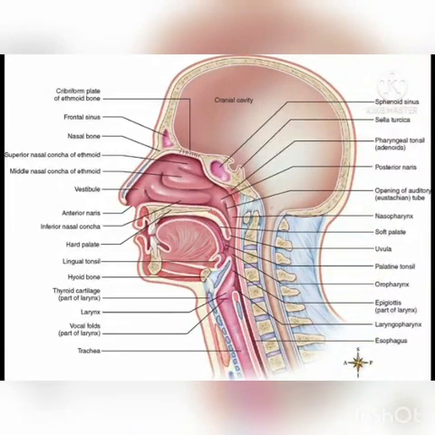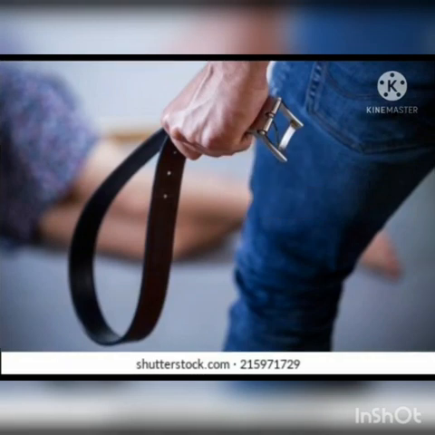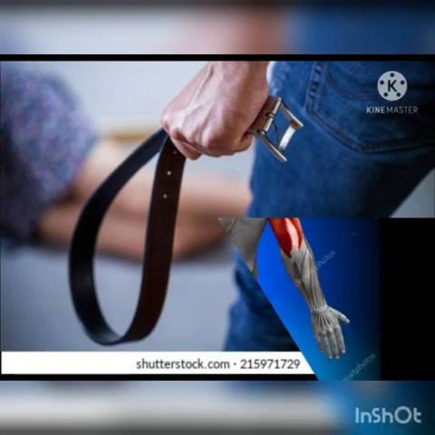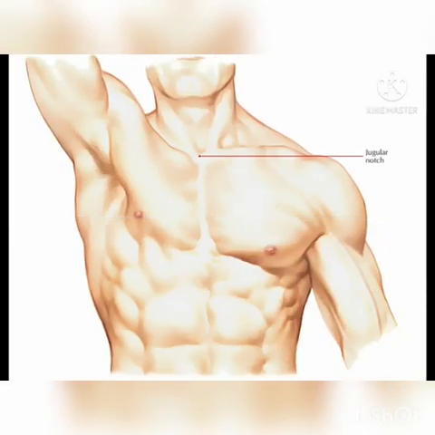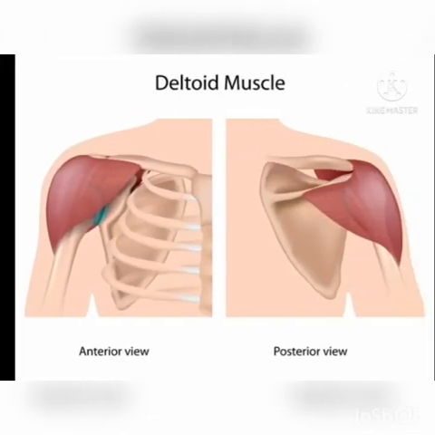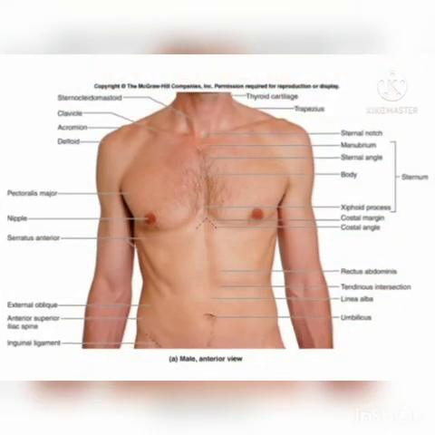This is the pectoralis muscle. Actually, for this you need a very well built person, then only you are able to appreciate this muscle. Then the xiphoid process, the jugular notch, of course the deltoid muscle, all those things you will be able to appreciate in surface anatomy.